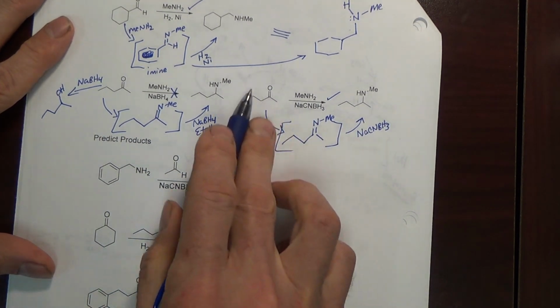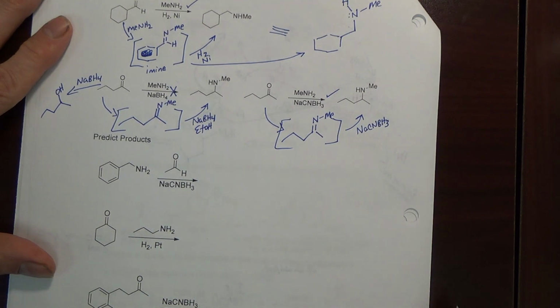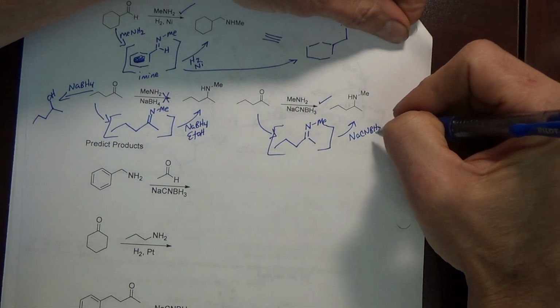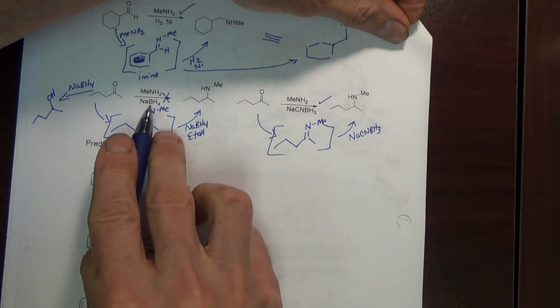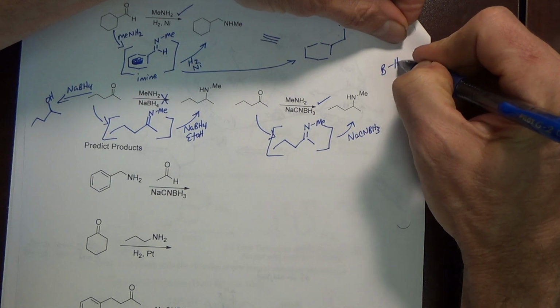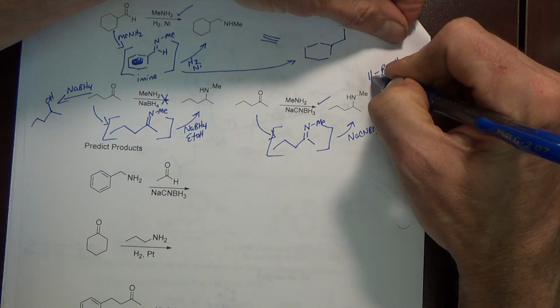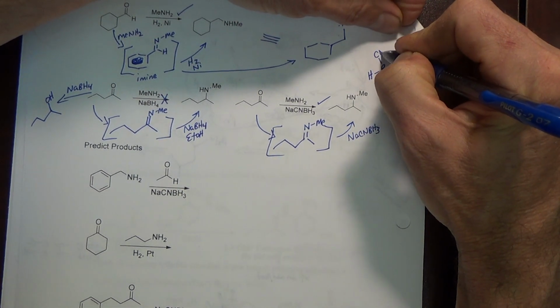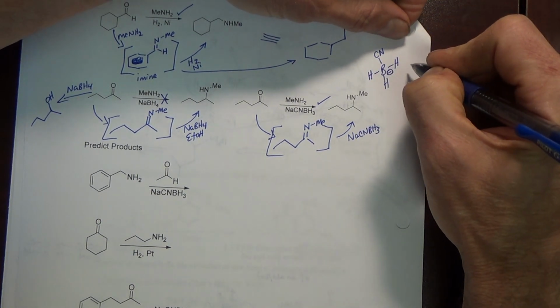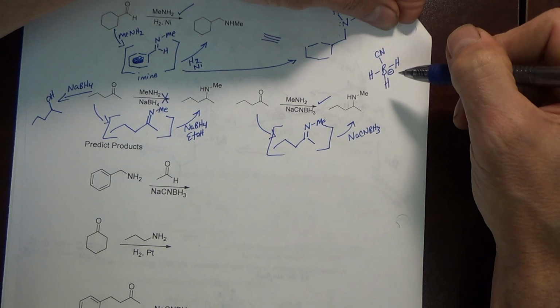It will not reduce the aldehyde or ketone. Now, instead of sodium borohydride, one of the H's is replaced with a cyano group. So we have B, H, and then the cyano group. The boron is still minus, then you have the sodium.